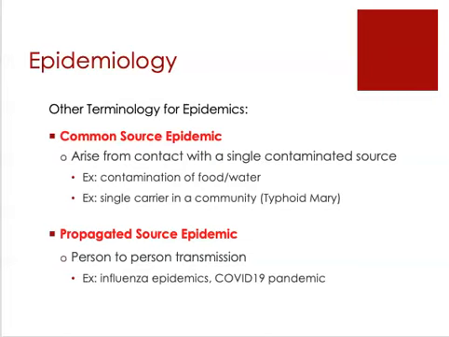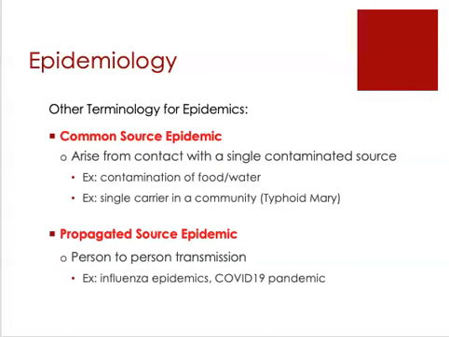So some of the other terminology we use to describe epidemics are to describe how they are being propagated or how they're being spread. And there are two terms that we should be familiar with. One is the common source type of epidemic, and the other is the propagated source type of epidemic.